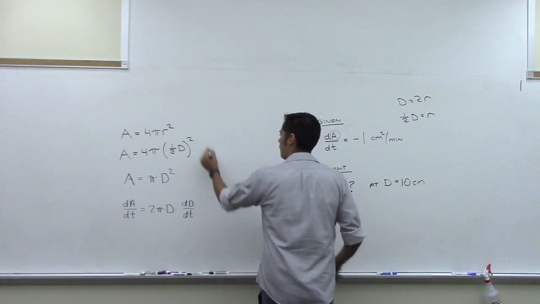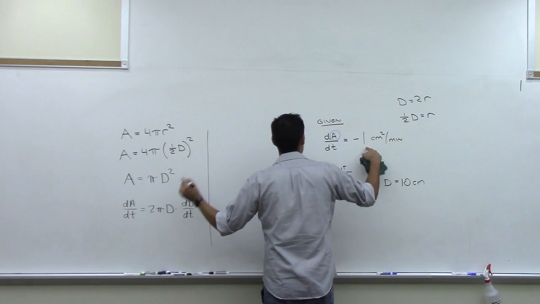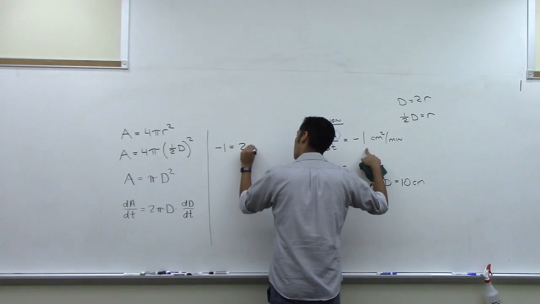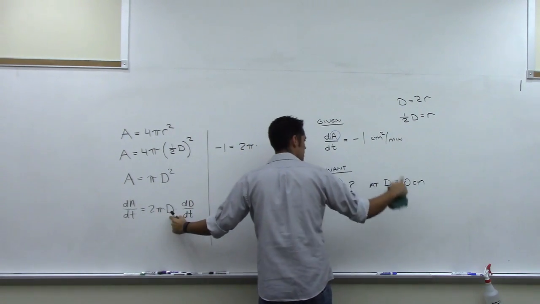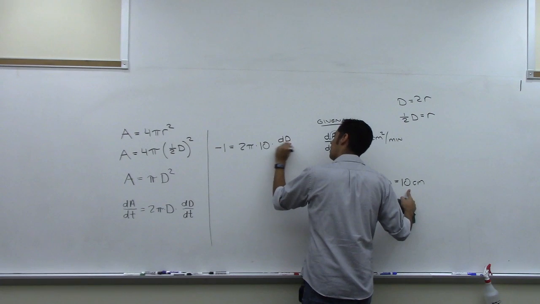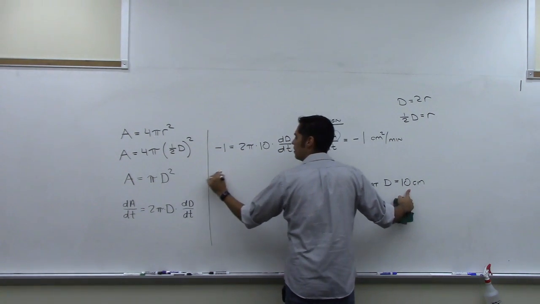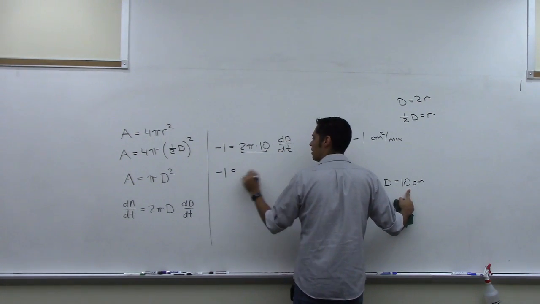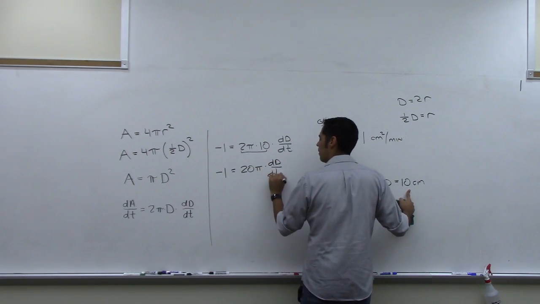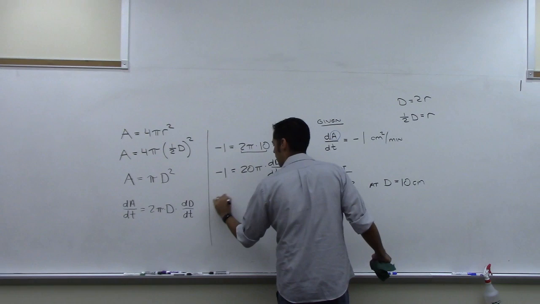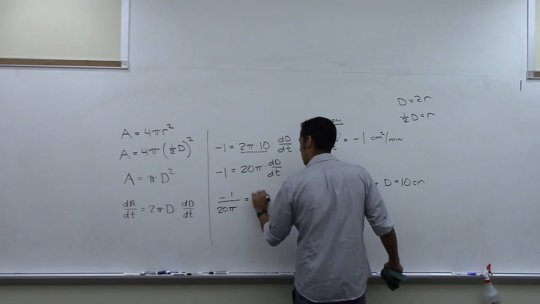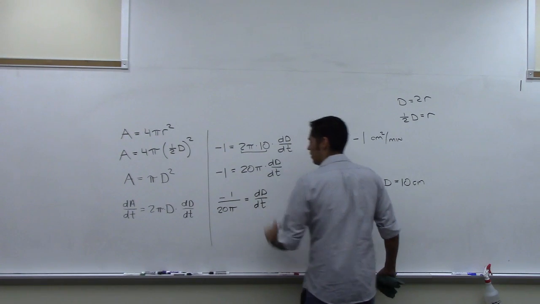So let's rewrite it. Left side becomes -1 equals 2 pi times capital D, which was 10, times dD/dt. This is -1 equals, I'll just multiply those together, 20 pi dD/dt, and then divide through by 20 pi. So I have it, -1 over 20 pi.